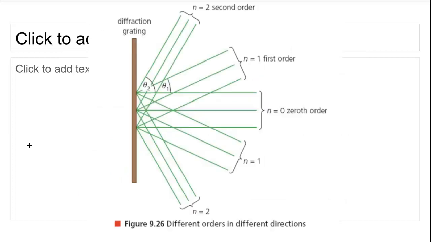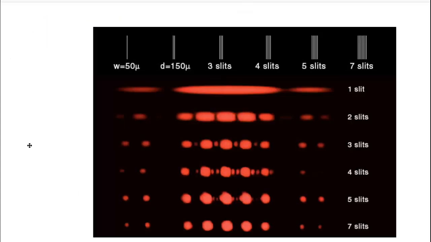Now, qualitatively, there is a little bit more explaining to do, which we've kind of come across already. With two slits, you get thick bands which are equidistant.